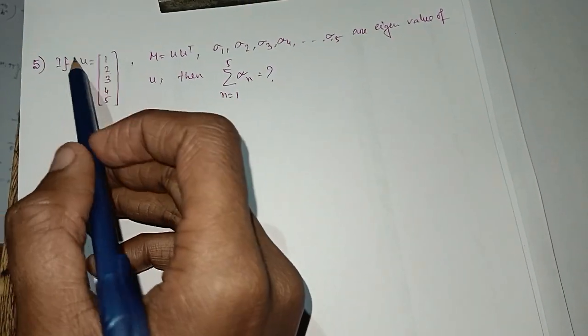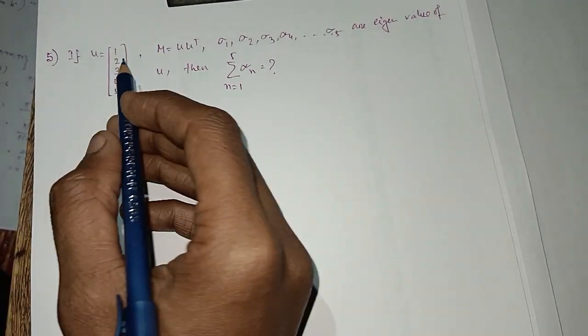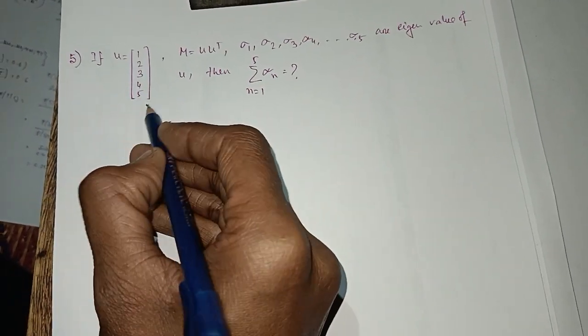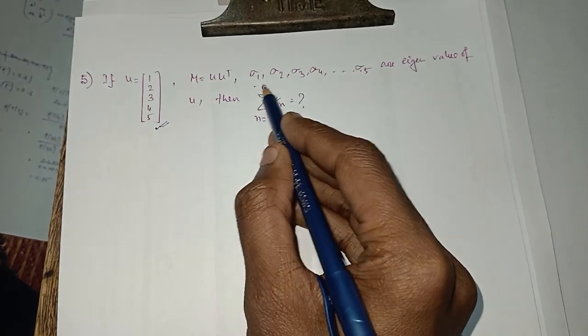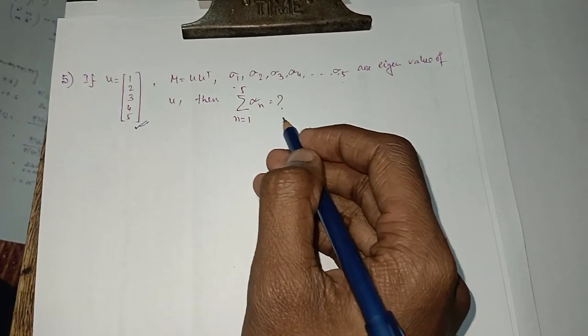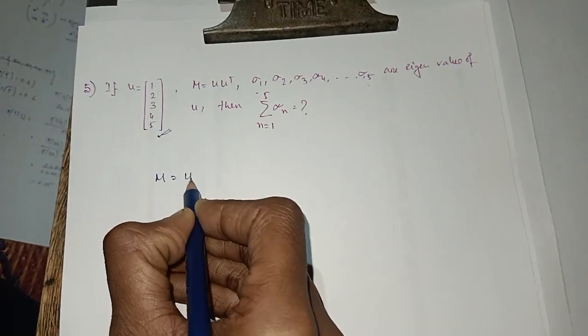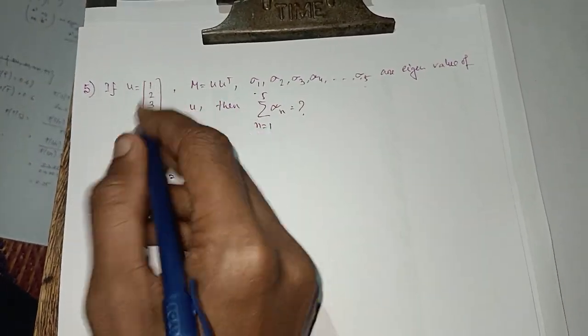So we get another question related to linear algebra. There is another matrix, m equal to u u transpose, and 5 eigenvalues are given. We have to find the sum of the eigenvalues. The relation given is m equal to u u transpose. So here we get five matrices.